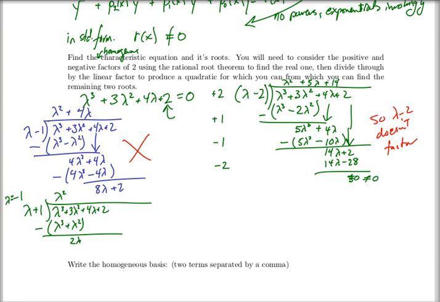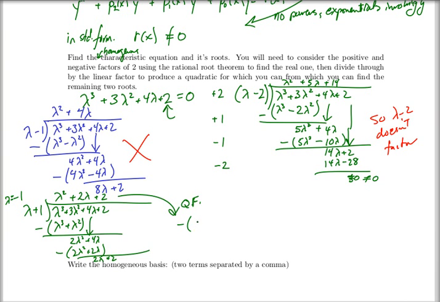We get 2 lambda squared plus 4 lambda. So that's going to be 2 lambda squared plus 2 lambda. And that's going to give us 2 lambda plus 2, which looks like a 2. All right, that one works.